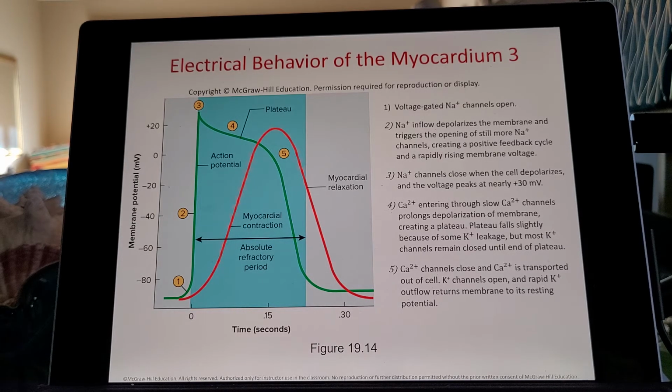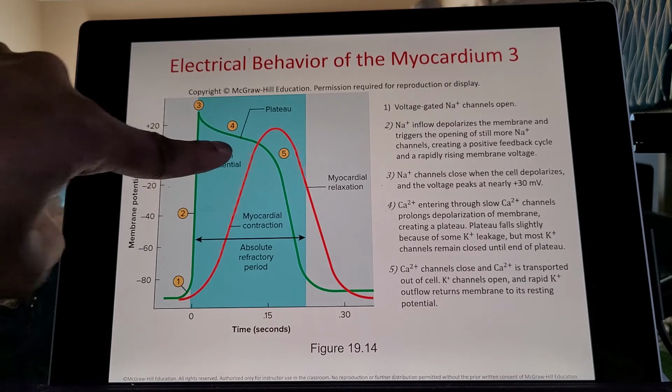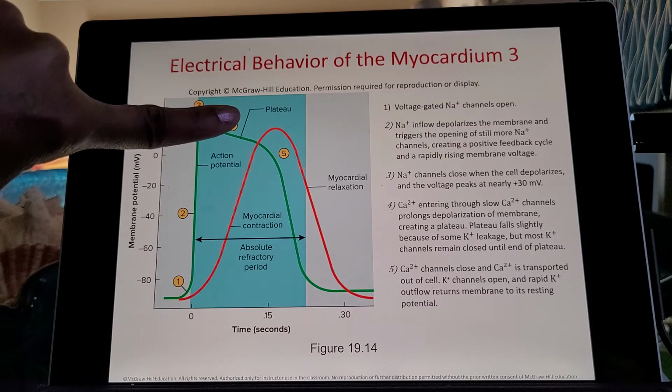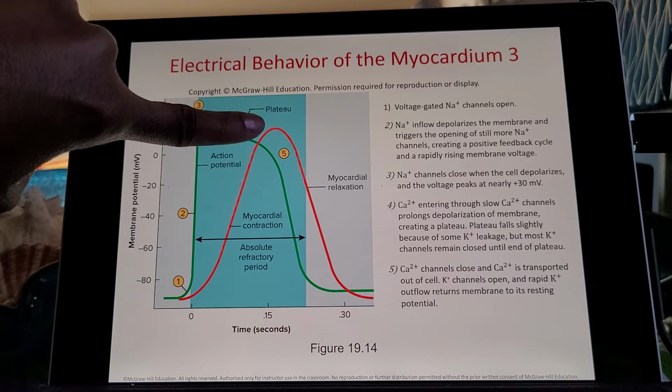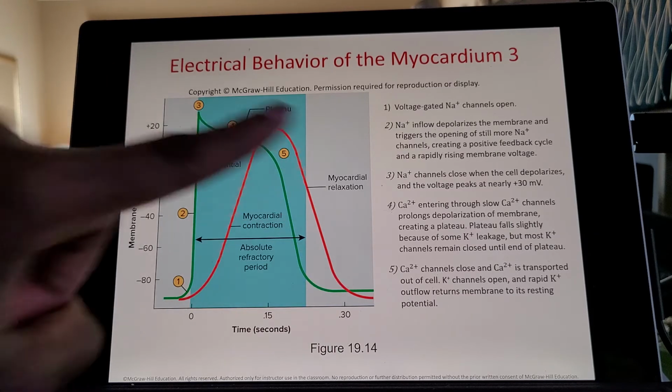The red line is for our contraction. Just like with skeletal muscle, calcium comes in and binds to the regulatory proteins, allowing for enough contraction and length of time for the contraction, and then eventually it goes away.